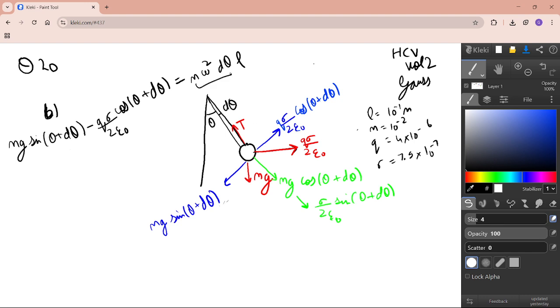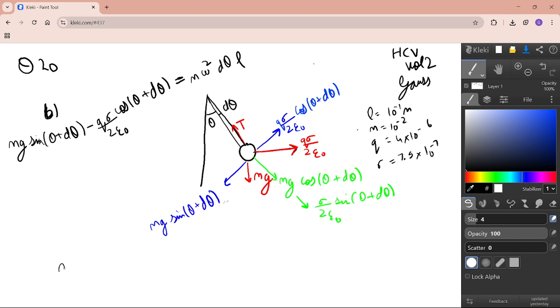How did I know this? I did not, I just had a fair guess. Of course, it's going to be SHM. I can prove it later on just using this LHS, but I do not have that much time.